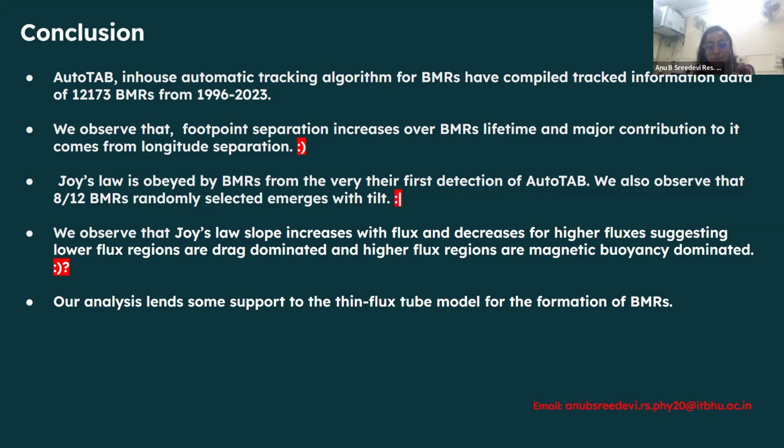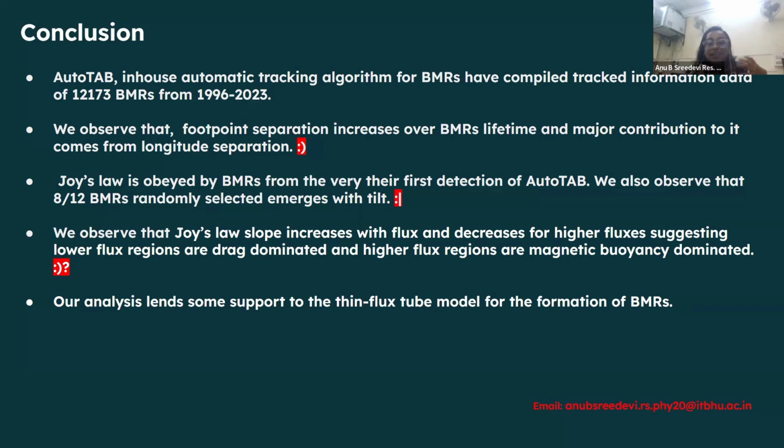At least some part of the BMR tilt that we observe is coming from the Coriolis force. We find dependence of flux with tilt, though not expected from simulation results, but we do find some convincing dependence of tilt with the flux, and there is a dynamic interplay between drag force and magnetic buoyancy acting on the rising flux tube.